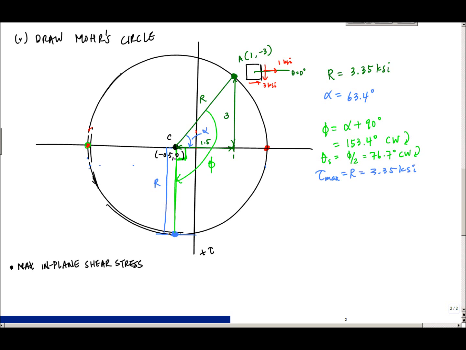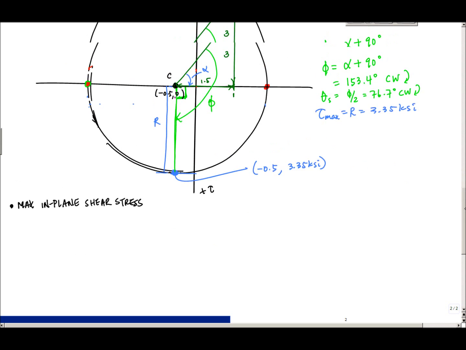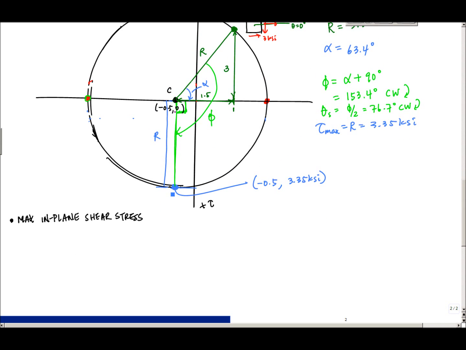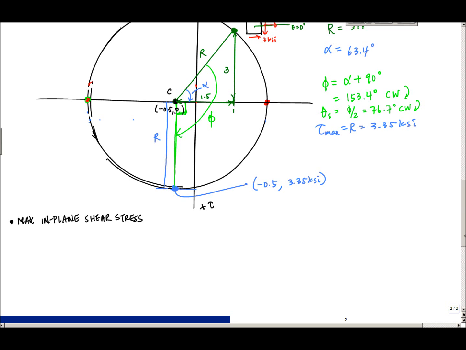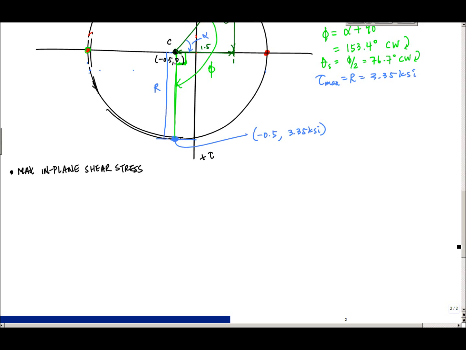Now I know the coordinates of this point. What are they? The coordinates of this point are minus 0.5 KSI, comma, 3.35 KSI. Now I want to draw the state of stress here. Again, I start with a horizontal line, my reference from theta equals 0 degrees.